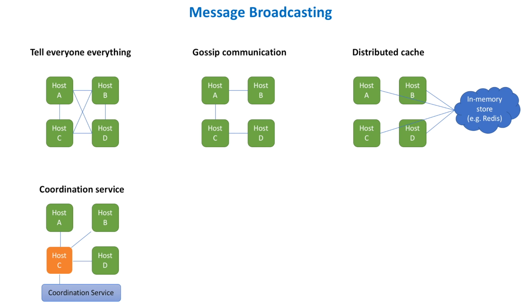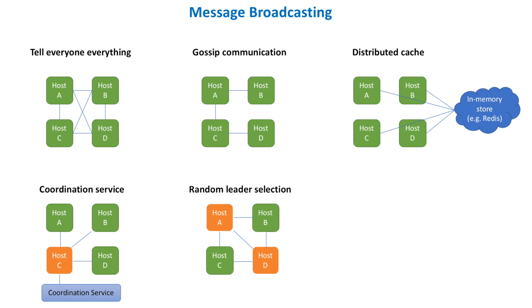Great option, but the main drawback is that we need to set up and maintain a coordination service. A coordination service is typically a very sophisticated component that has to be very reliable and make sure one and only one leader is elected. But is this really a requirement for our system?